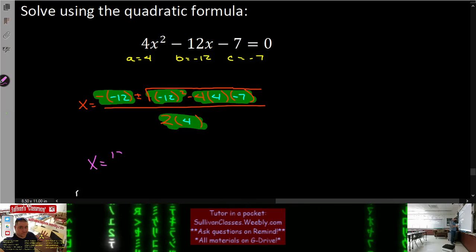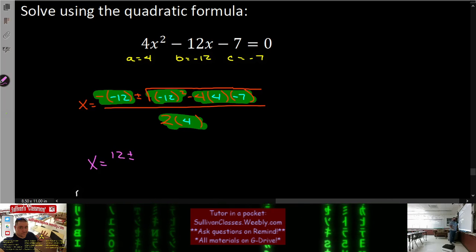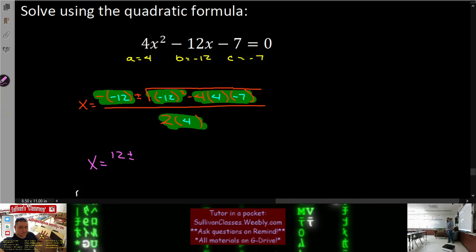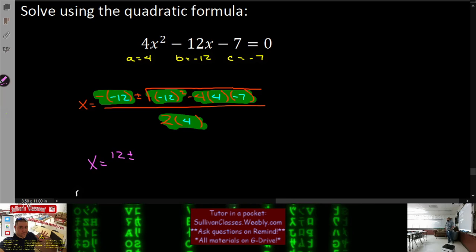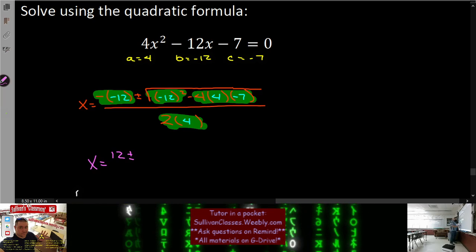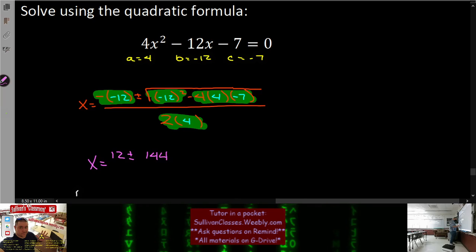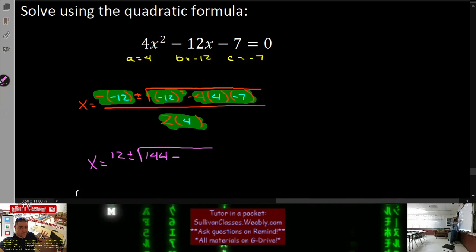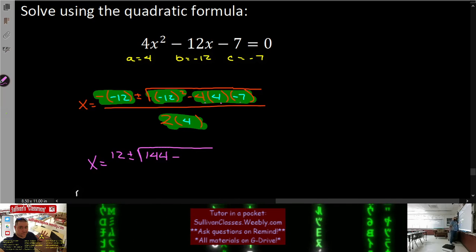we got a positive 12 plus minus. What's negative 12 squared? Positive or negative? Always positive, yep. And I'll be subtracting a number. What is 4 by negative 7?